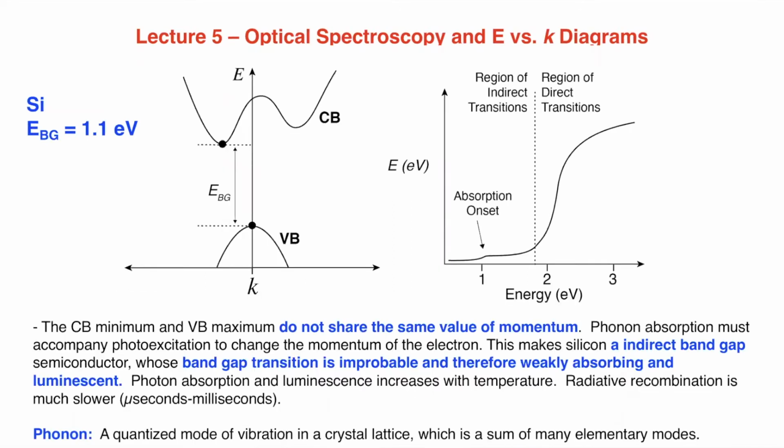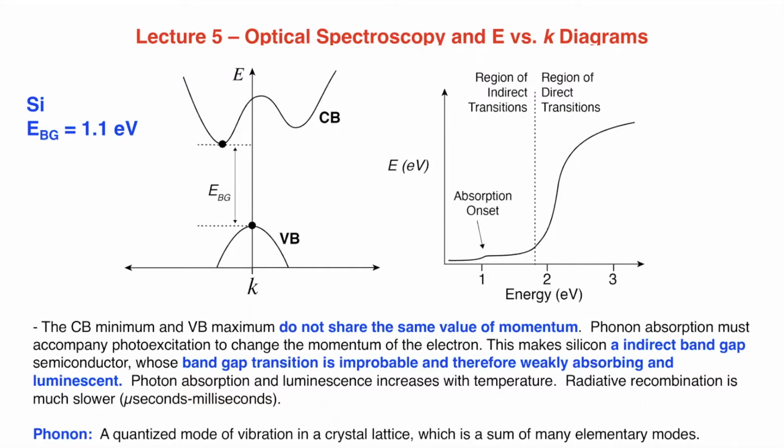Now, not all materials are like that. So here's an example, an E versus K diagram for silicon. And you can see here that the conduction band is a little bit more complicated than the valence band. In this diagram, the conduction band has two minima that are not at k equals 0, and the valence band maximum is at k equals 0.